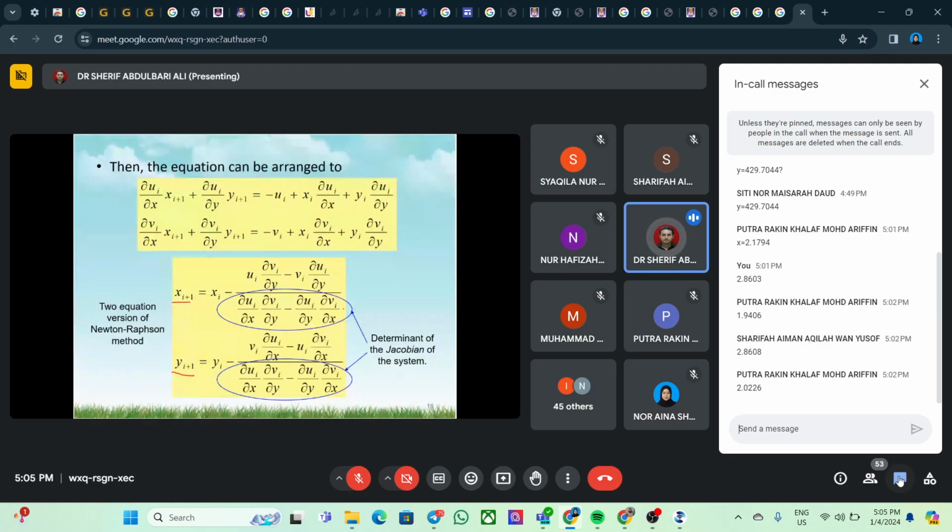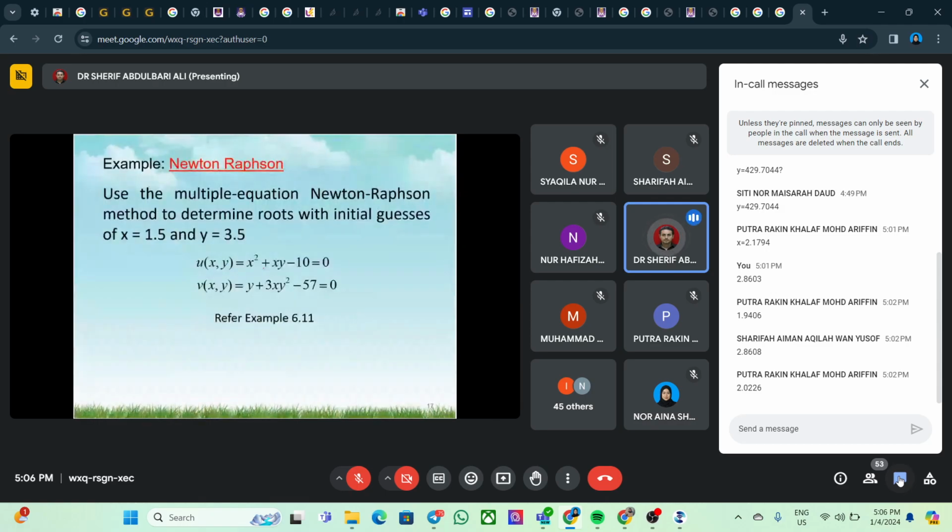Even though there looks like a lot of calculation, the determinant is based on the Jacobian system, and it is the same for both equations. So when you calculate it one time, it counts for both x and y. It is based on the partial derivatives of the functions.